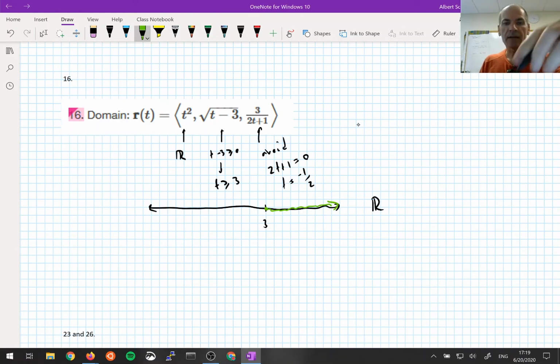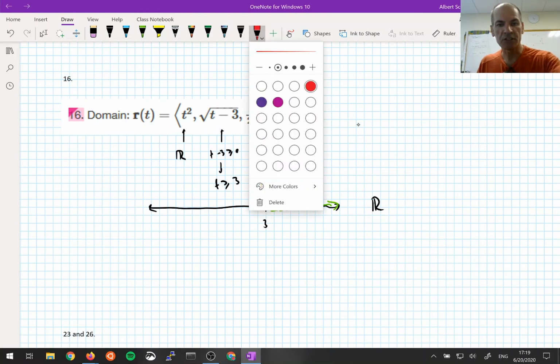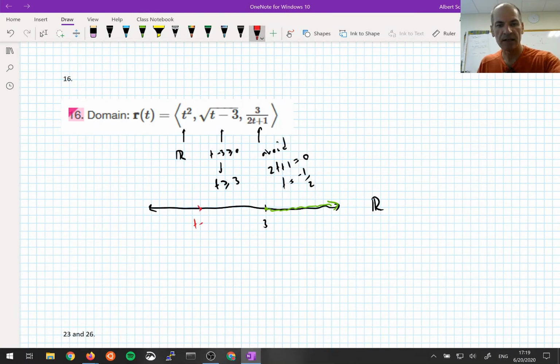And then we have to also avoid t equals negative 1/2, which is down here. But that was already excluded, right? That's excluded by the condition t greater than or equal to 3. So the domain is just t greater than or equal to 3. That's the largest possible collection of t-values for which this function is well defined.